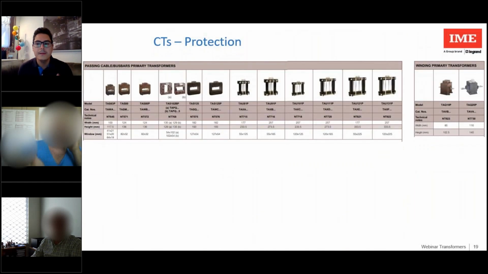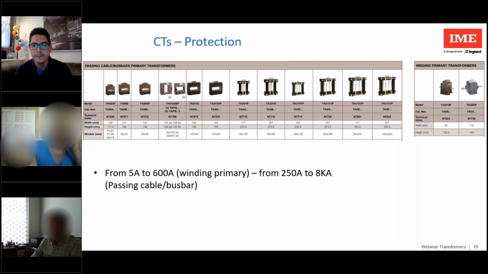Well, instead, if I have strong current surges, controlled or not controlled, that I need to measure, I will use protection CTs. Here too we find a breakdown by type, from 5 to 600 amps for the primary winding, and from 250 amps to 80 kiloamps for the passing cable.